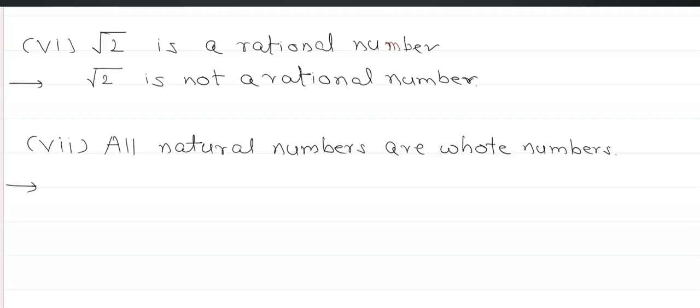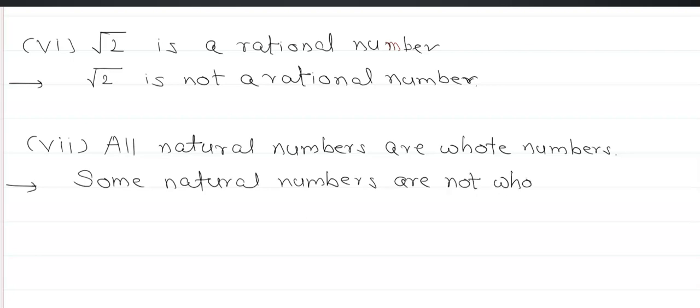All natural numbers are whole numbers. Negation of all: some natural numbers are not whole numbers.